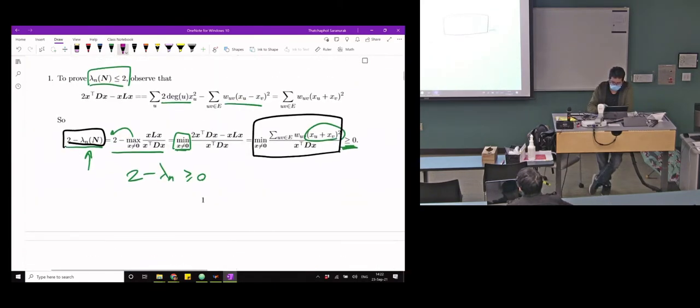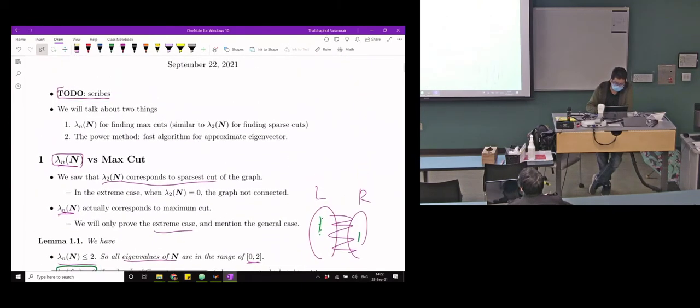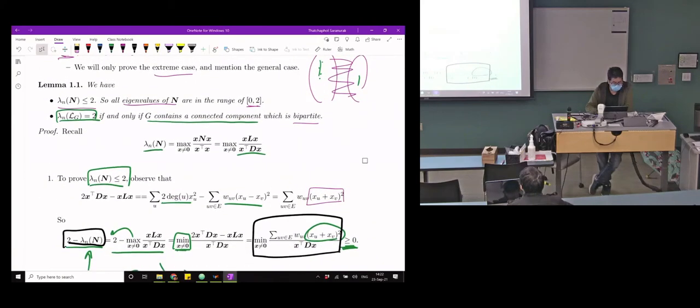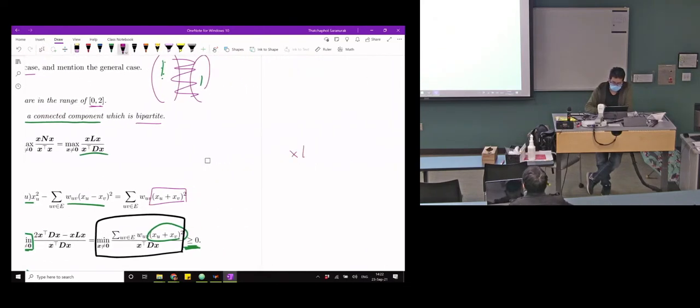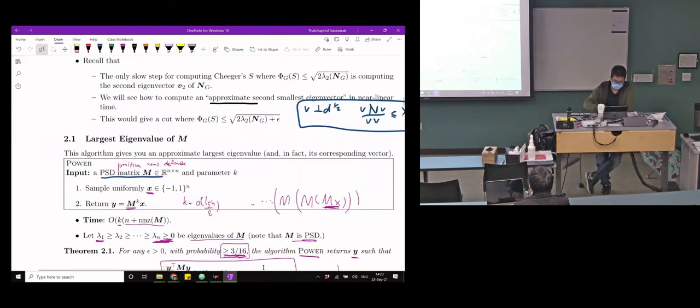This kind of plus thing is only when you look at lambda. No, I was looking at the Cheeger inequality. This thing is a sum of x minus this thing. It's not plus. Right. Okay. Oh, never mind. Don't worry.